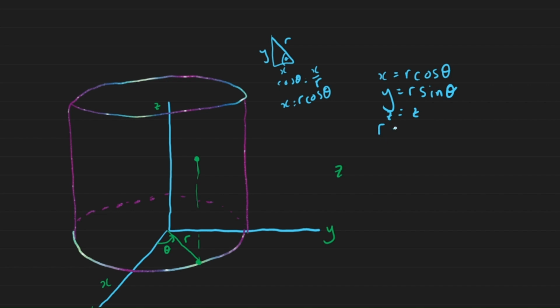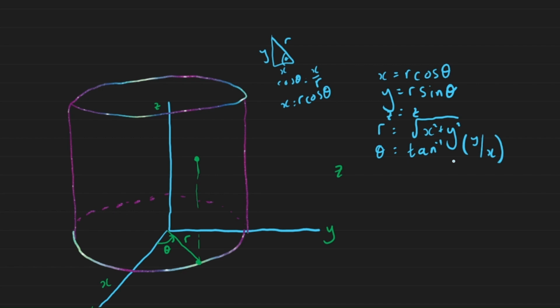And r, by the theorem of Pythagoras, is just the square root of x squared plus y squared. And of course, theta is arctan of y over x. So this is the transformation of variables, and it's actually quite a simple matter to do this conversion.